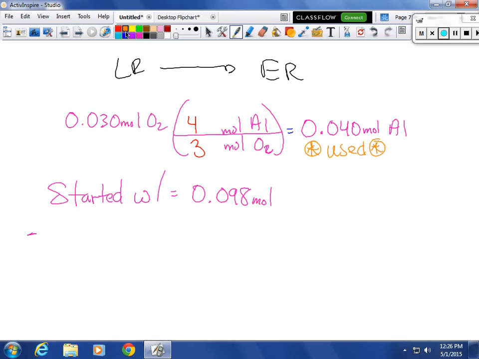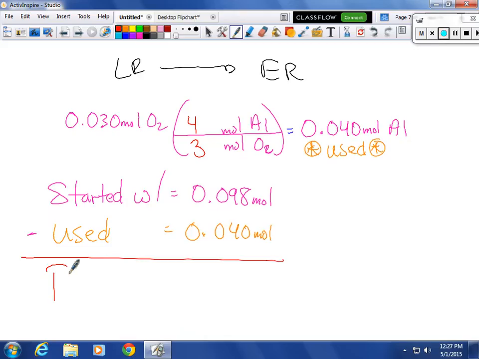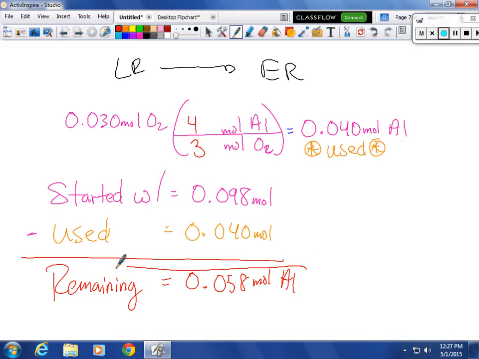Okay, I used 0.040 moles, and the part that was remaining is just a simple subtraction, which is what? 0.058 moles of Al. And so that's how much I would have left. So if I found some more oxygen, could I keep reacting? I sure should. Sure could. Okay, because I got a little bit of oxygen left over.